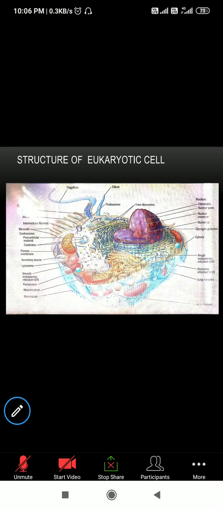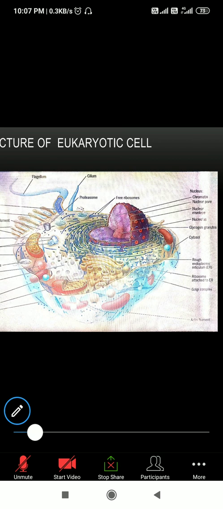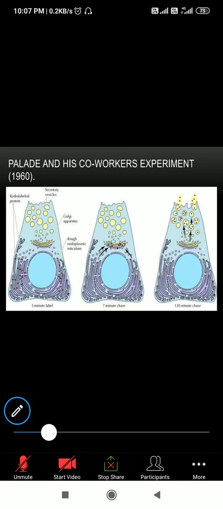We have two different types of endoplasmic reticulum: the rough endoplasmic reticulum and the smooth endoplasmic reticulum. The rough endoplasmic reticulum is involved in protein synthesis, and the smooth endoplasmic reticulum is involved in lipid metabolism.